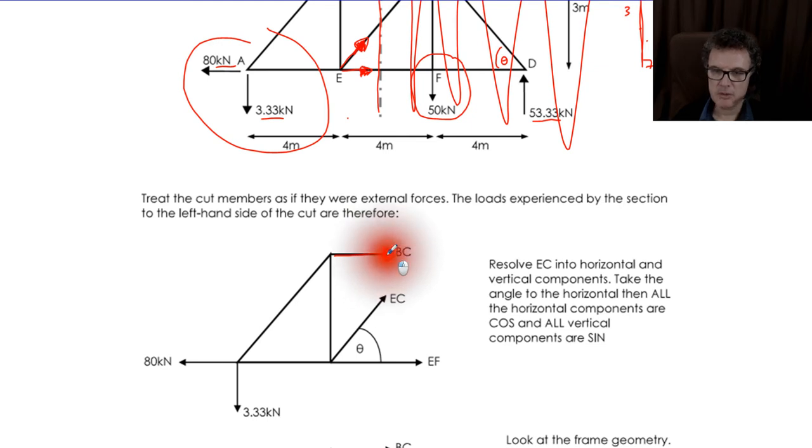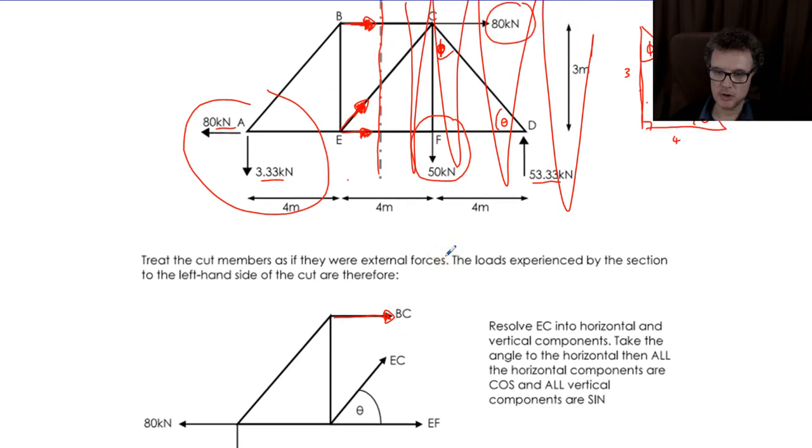The notation we'll use is we'll name the force by the joints that the member is connected to. So we've got a B and we've got a C. So this force is going to be called BC. This force is connected with a joint EC.